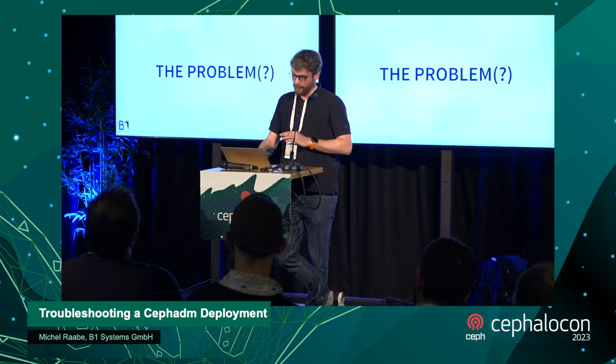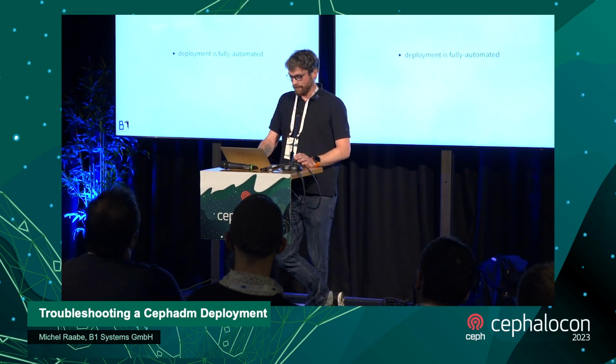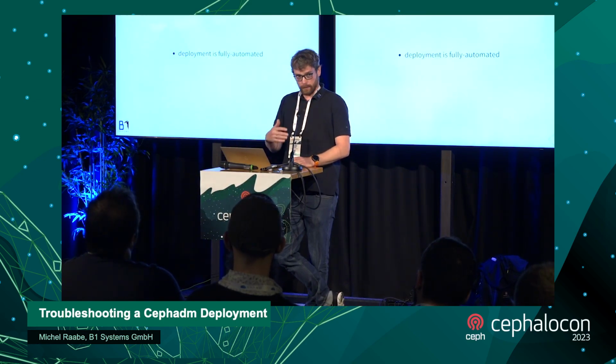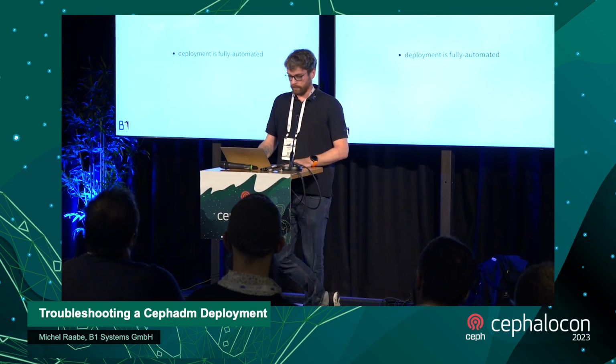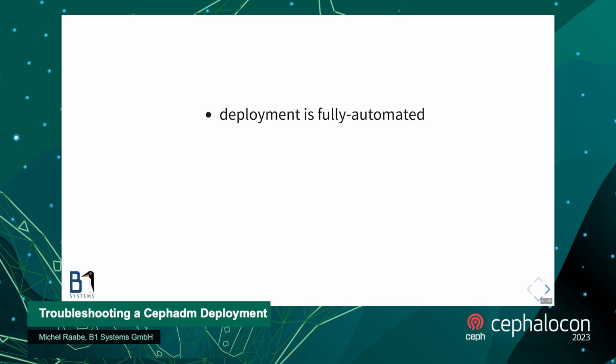A few words about the Ceph ADM. As we all know, deployment is fully automated, which is cool and sometimes annoying because it is quiet. Or have you seen some output? If you try to start a new daemon, it only says scheduled, monitor scheduled, manager scheduled.